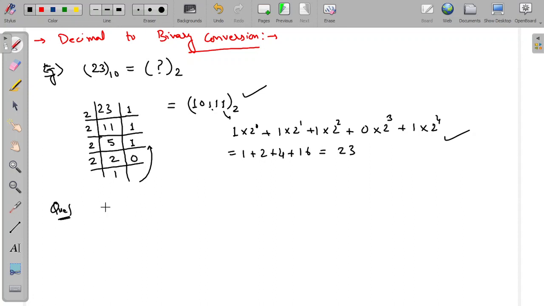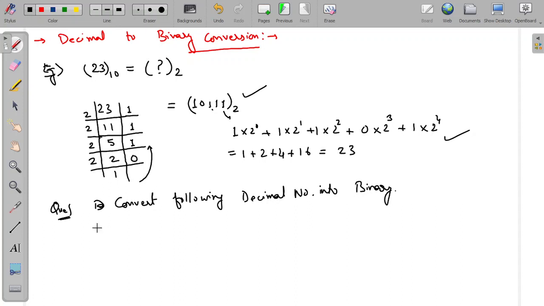The task would be to convert the following decimal numbers into binary.